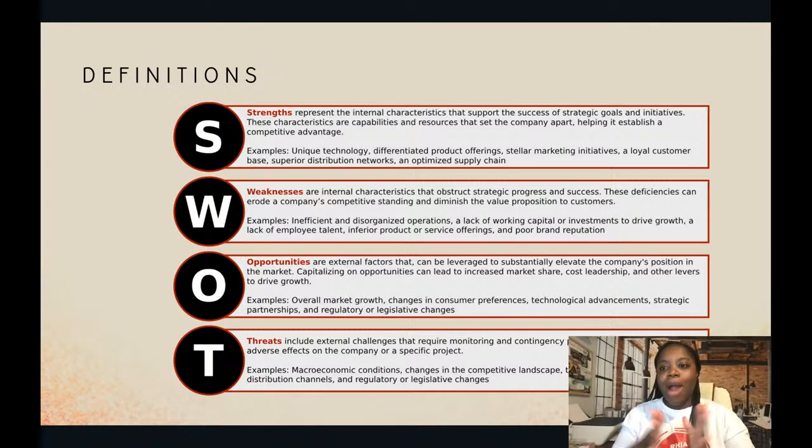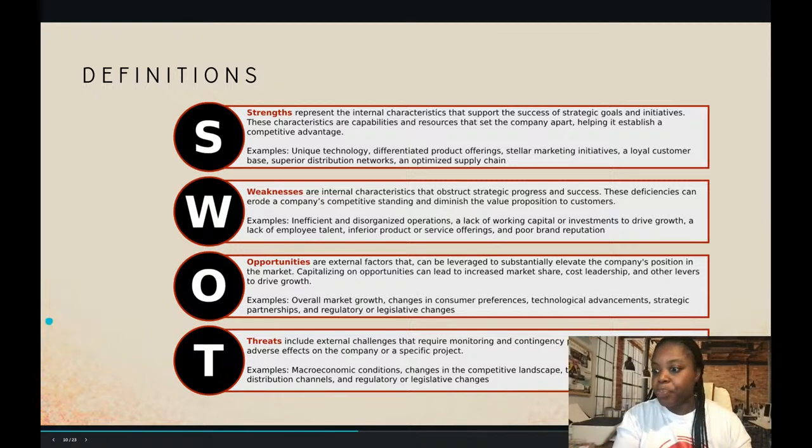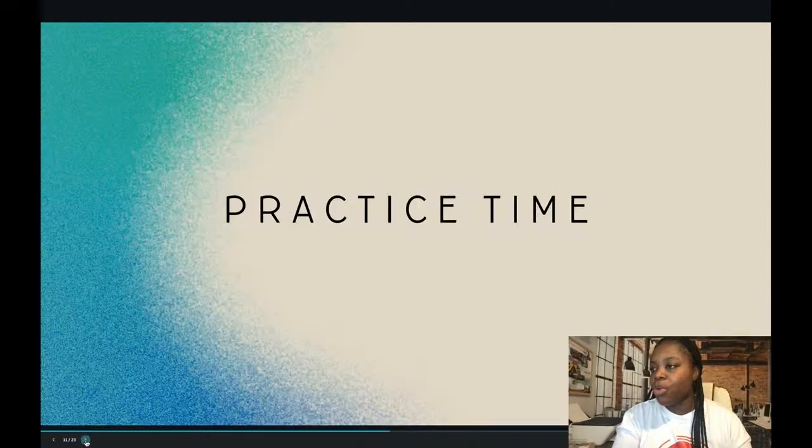So project management for the exam, you have to know what a project is and you have to know all the different definitions, but make sure that you're also taking into account understanding what SWOT stands for. Okay. All right, moving right along.